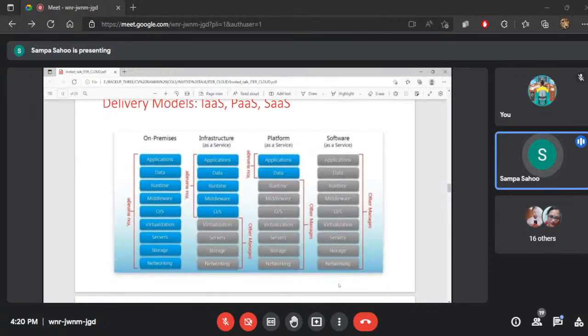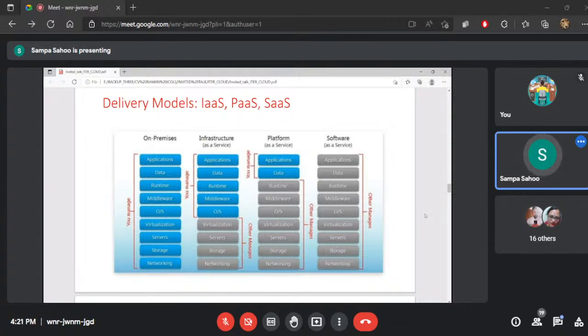So next comes the delivery model. How the cloud services will be delivered to the user, that covers your delivery model. Basically, there are three types: infrastructure as a service, platform as a service, and software as a service.